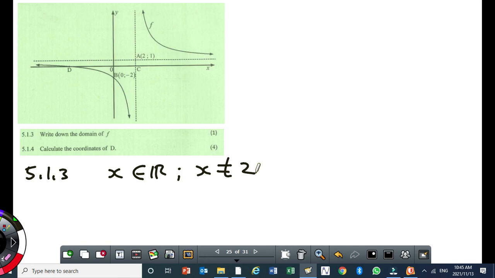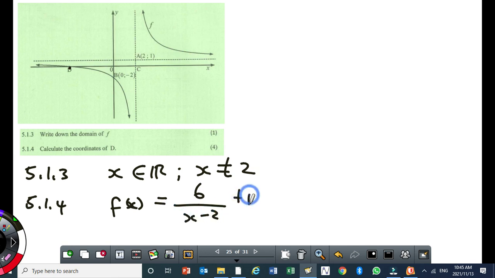Then 5.1.4, calculate the coordinate of D. Right. So D is somewhere there. It's on the x-axis. So that's an x-intercept. So we've got f of x equal to 6 divided by x minus 2 plus 1. So f(0), right?